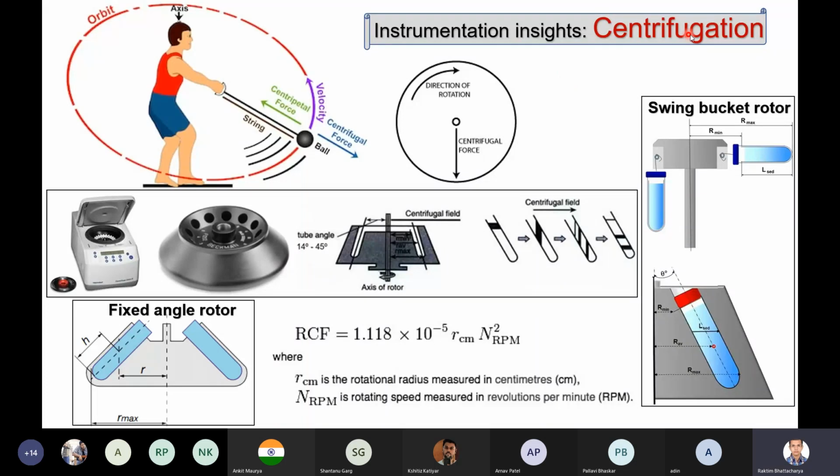Now this centrifugation comes from two known forces: one is the centrifugal force, another is the centripetal force. As you can recap from your class 2 physics, when you are moving a ball in your hand, the force acting outward is the centrifugal force.